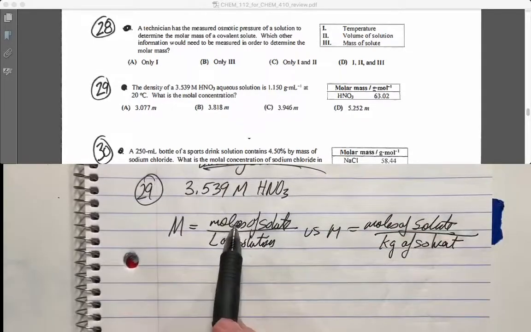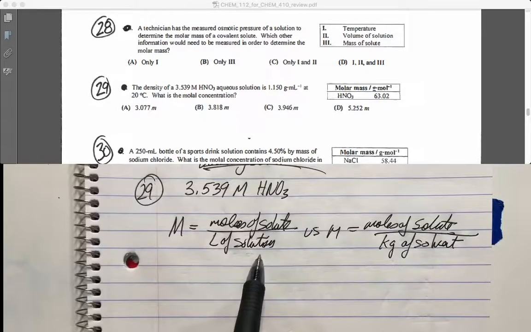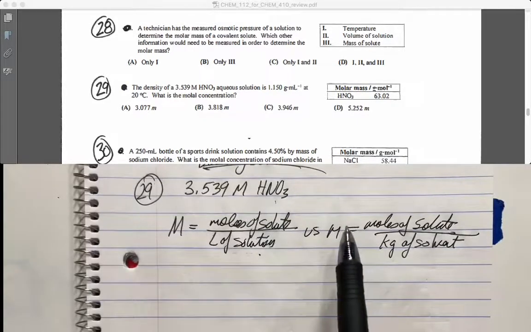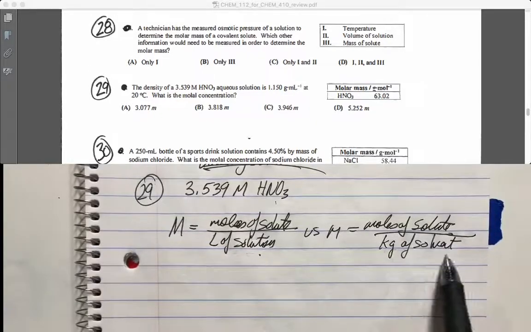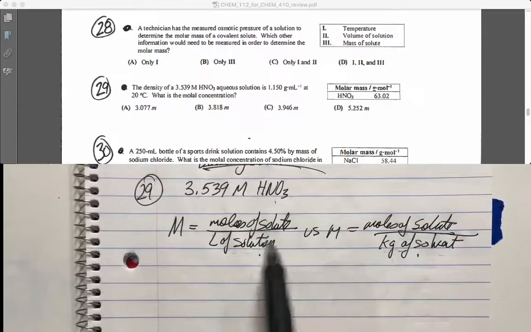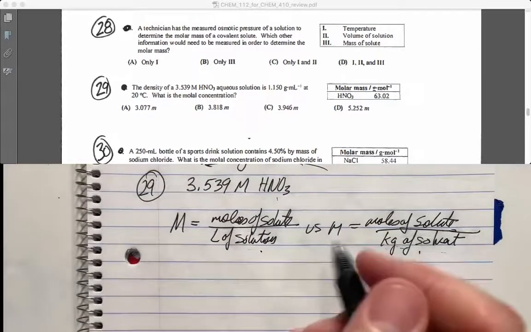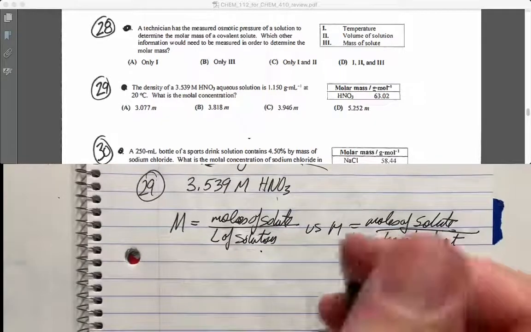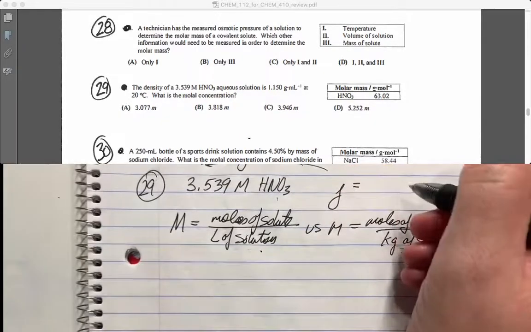Okay, and notice the difference here. Moles of solute on the top for both, liters of solution. Solution is composed of both the solute and the solvent, in this case water. The solvent is just the solvent. And so we have to do some work to sort all this out. We absolutely have to have, and this problem provides us with, a density.